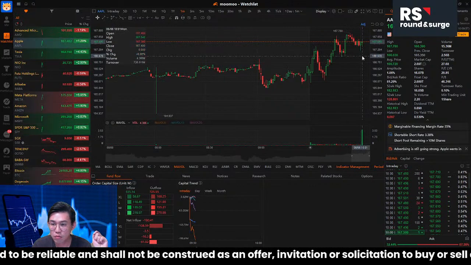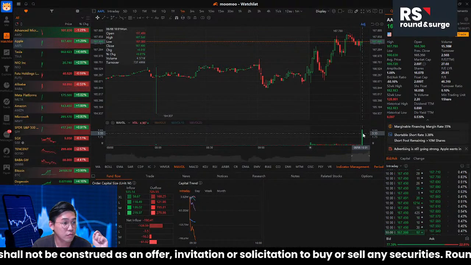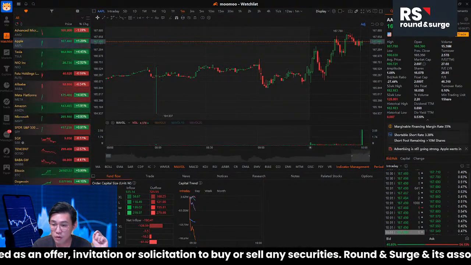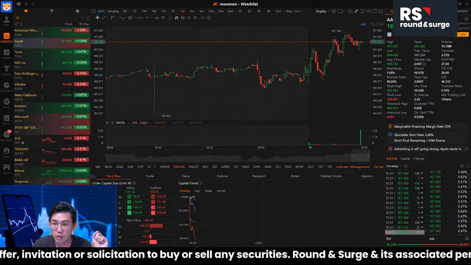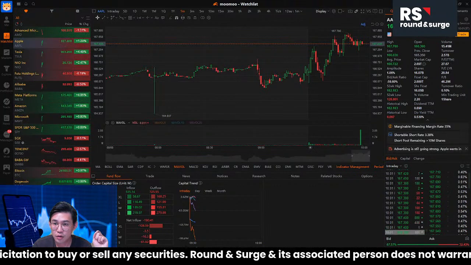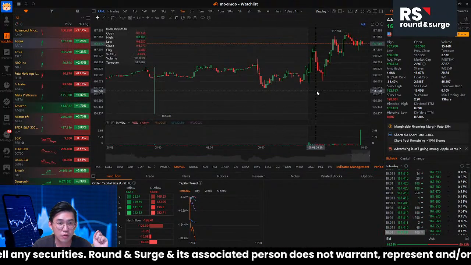Wow, is this right? Such a high volume. But in TradingView, it doesn't seem like this, so I'm not sure which one to look at.